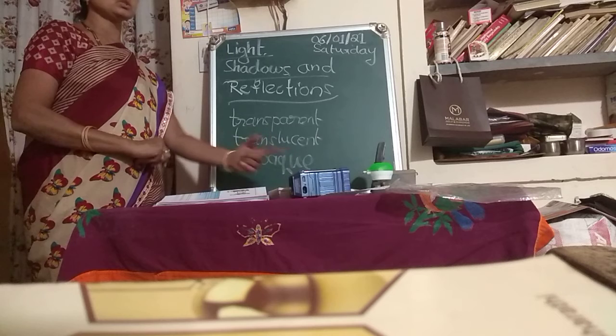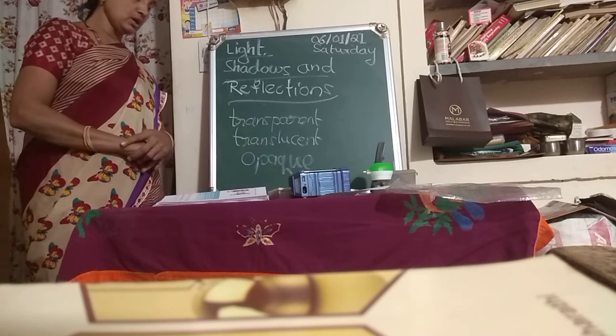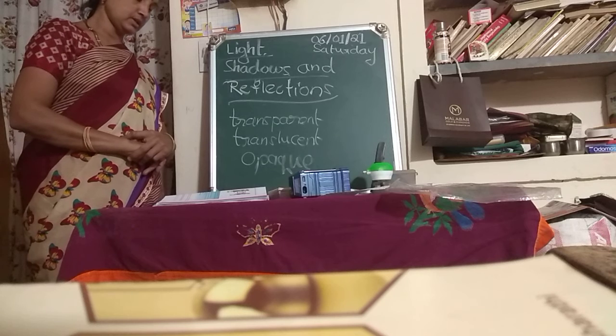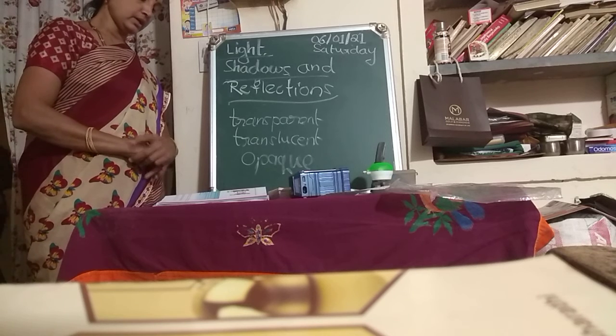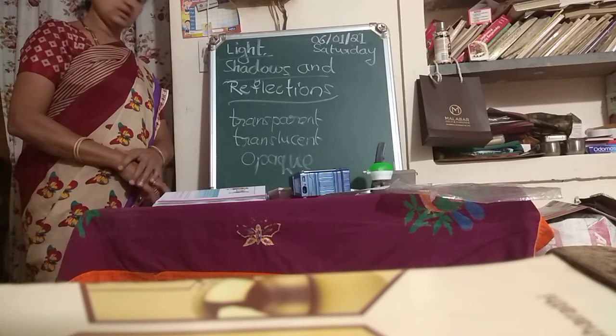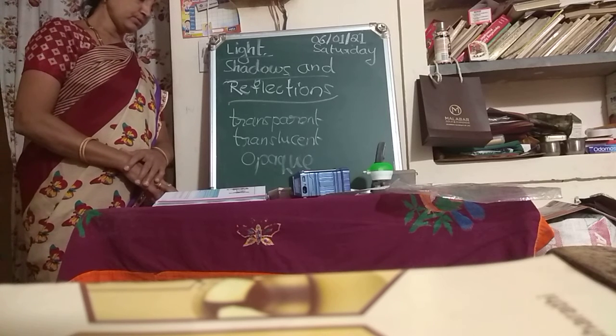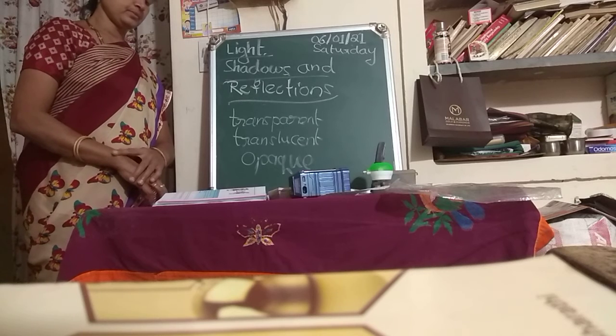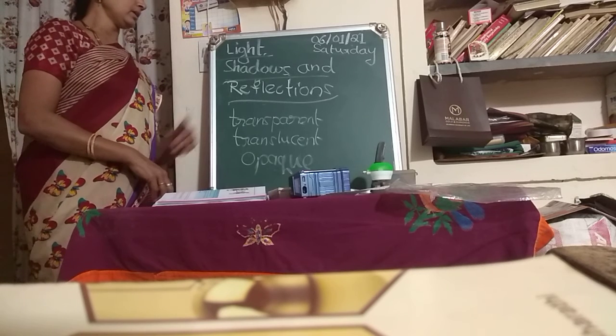So you also do this activity and see how the light rays travel. This is the activity to give us an idea about the manner in which light rays travel and get reflected from the mirror.